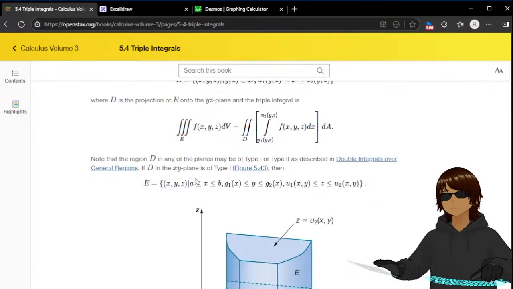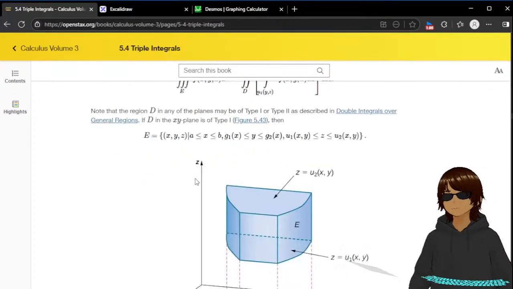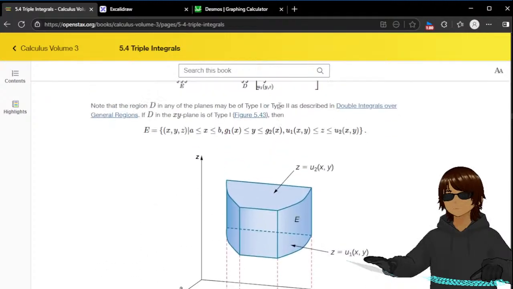Note that the region D in any of the planes may be of type 1 or 2 as described in double integrals over general regions. If D in the xy plane is of type 1, then E is like this.